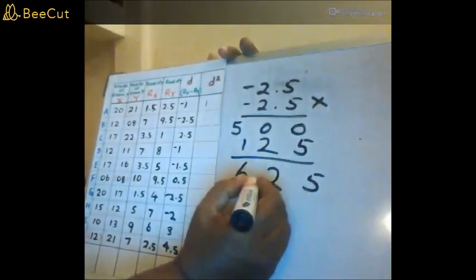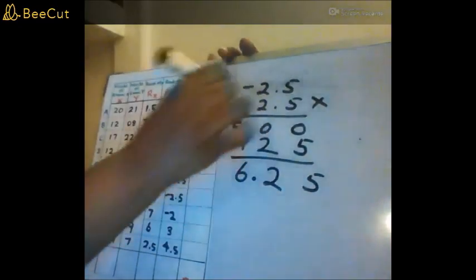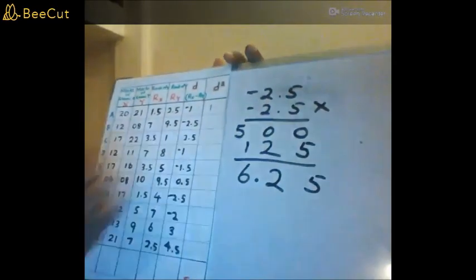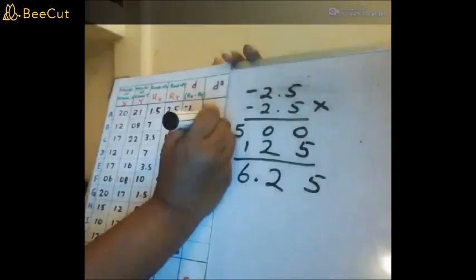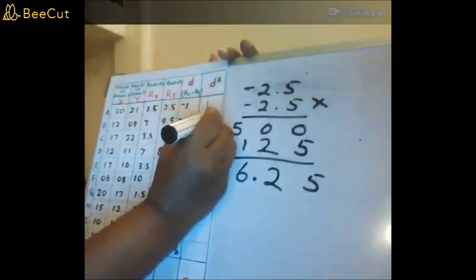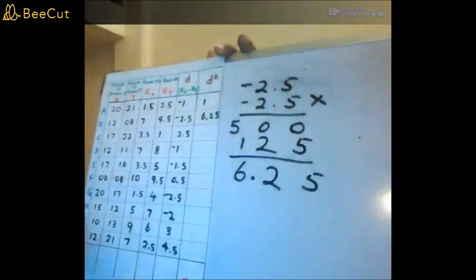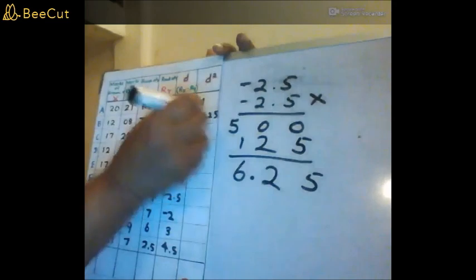And here, 2 decimal places, 1, 2: 6.25. Minus minus plus, so 6.25. Write it like this: 6.25. Right here it's 1. Always maintain this 1.